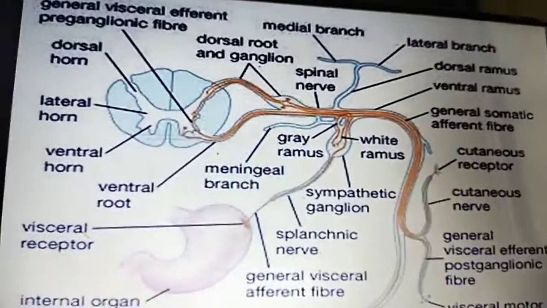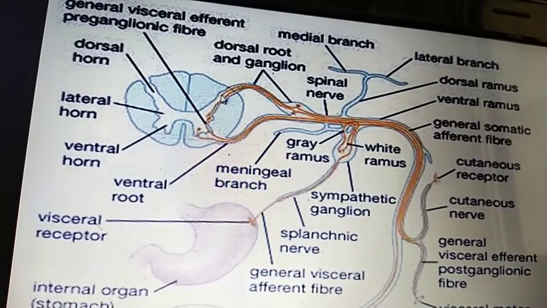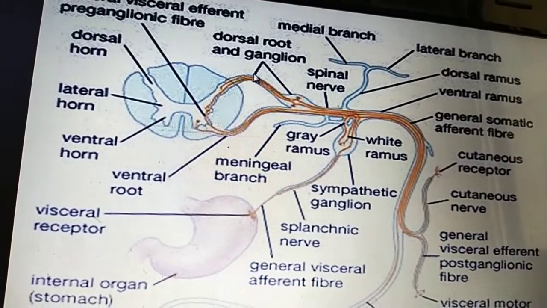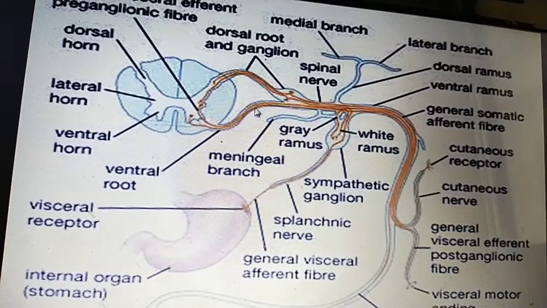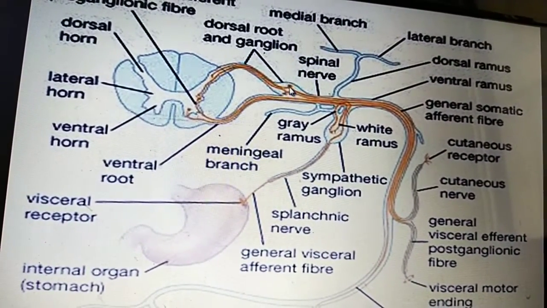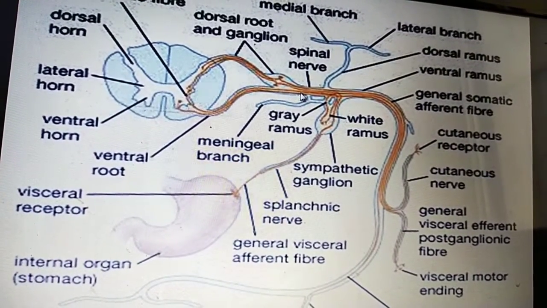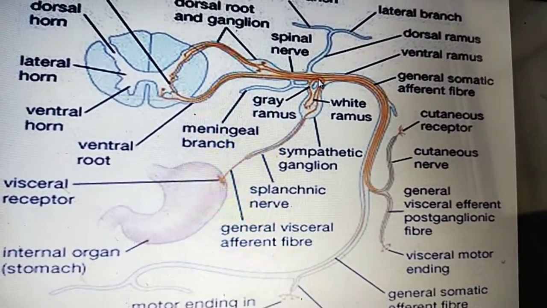You can see in this picture, you can clearly see that this is the dorsal horn, and from the dorsal root, and this is the ventral root, and there forms the dilation. There is a dorsal root ganglion, and this is the ventral root, and they join together and form the spinal nerve, and they further give some branches.